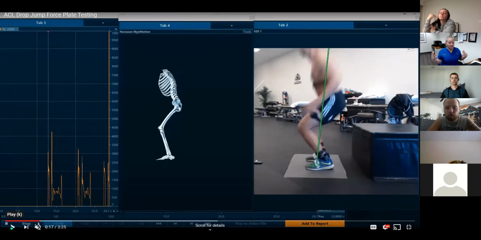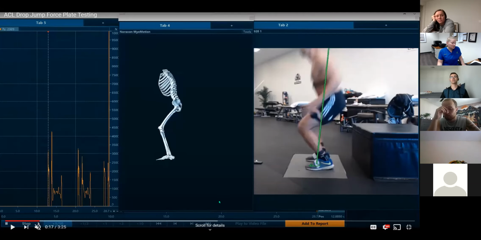From the moment he strikes the floor, he's in a neutral to dorsiflexed ankle position for shock absorption, and he remains in that position until he springs up, and then he's non-weight bearing, so there are no ground reaction forces at play. So I thought this one was cool.